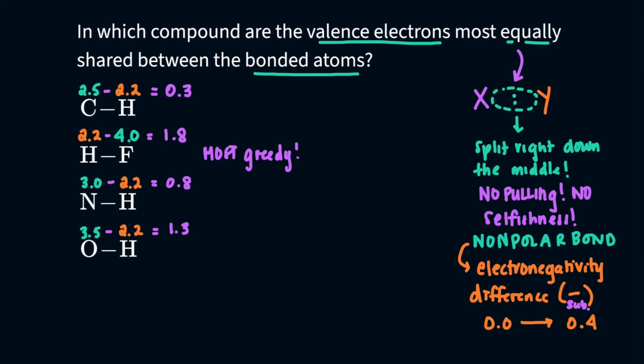And remember, it's got to be from 0 to 0.4 if we are saying that it's nonpolar. And there's only one nonpolar bond here, and that is CH. That electronegativity difference is 0.3. That is a nonpolar covalent bond. All these other ones, since they are greater than 0.4, would be polar bonds.